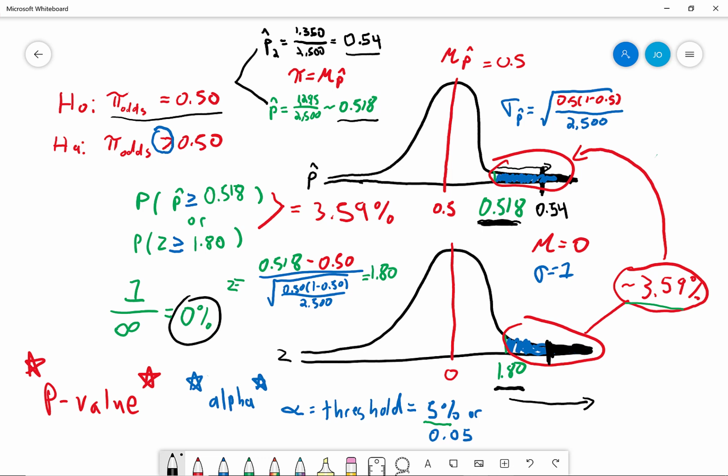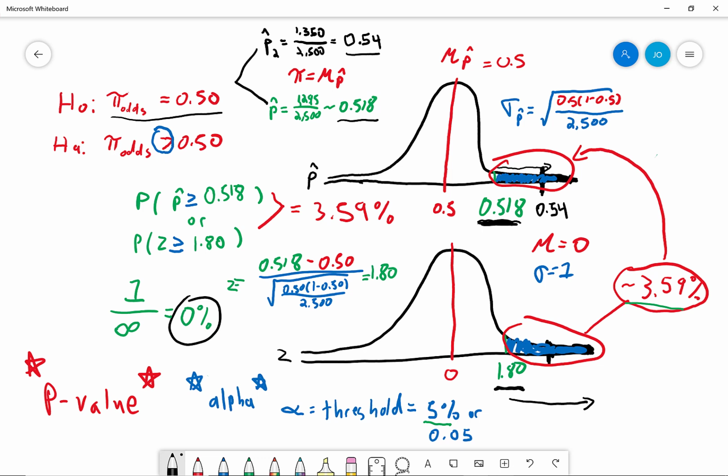A small p-value gives you more evidence to support HA. So our threshold kind of works inversely to what we may think. We want our p-value to be smaller than our threshold. The smaller p-value we have, the more evidence we have.